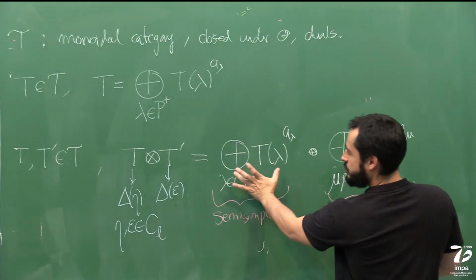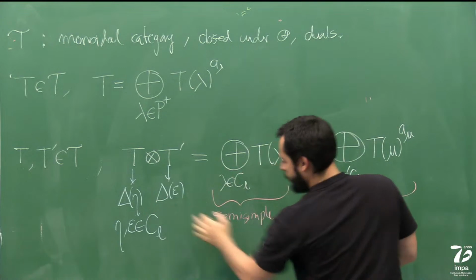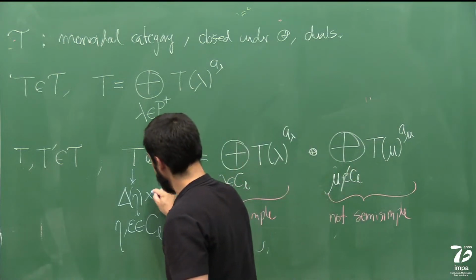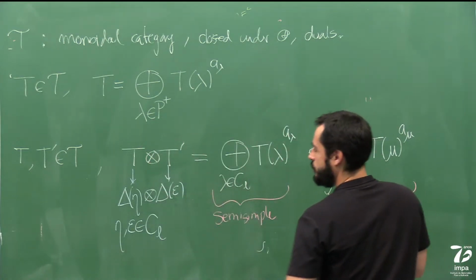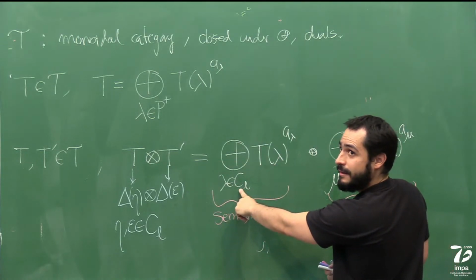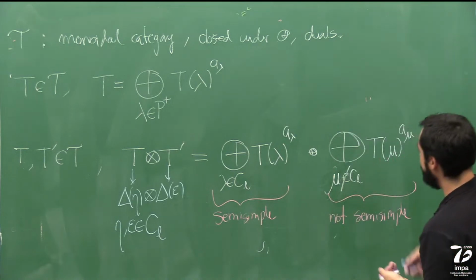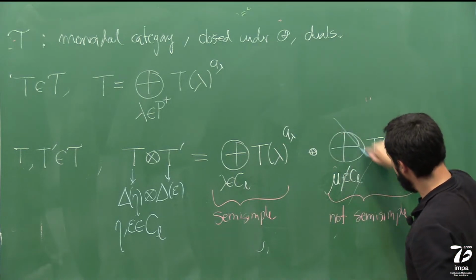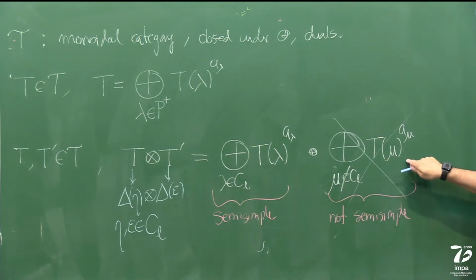And what I want is just this part. If the tensor product of these two is to be closed, it has to be a direct sum of elements in the same alcove. So I need to erase this part. So I need to find a property to erase this.